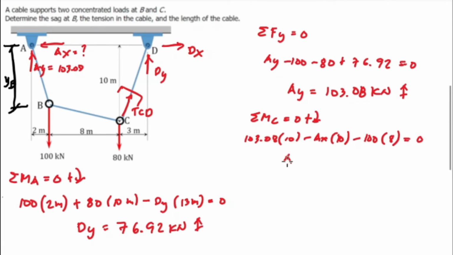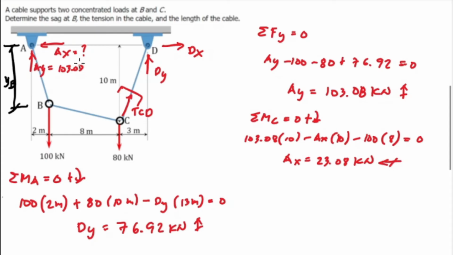The value for A sub X is equal to 103.08 times 10, which is 1030.8, minus 100 times 8, or 800, and then we divide by 10. The value for A sub X is 23.08 kilonewton, and the direction is to the left.